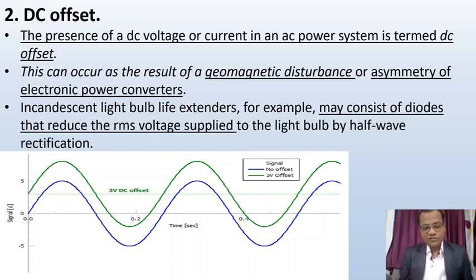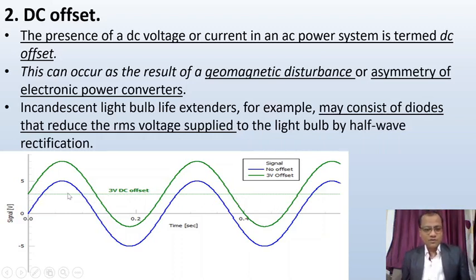This DC offset affects, for example, incandescent light bulb life extenders, where diode circuits are used. If such a DC offset is there in the AC power, then what will happen?